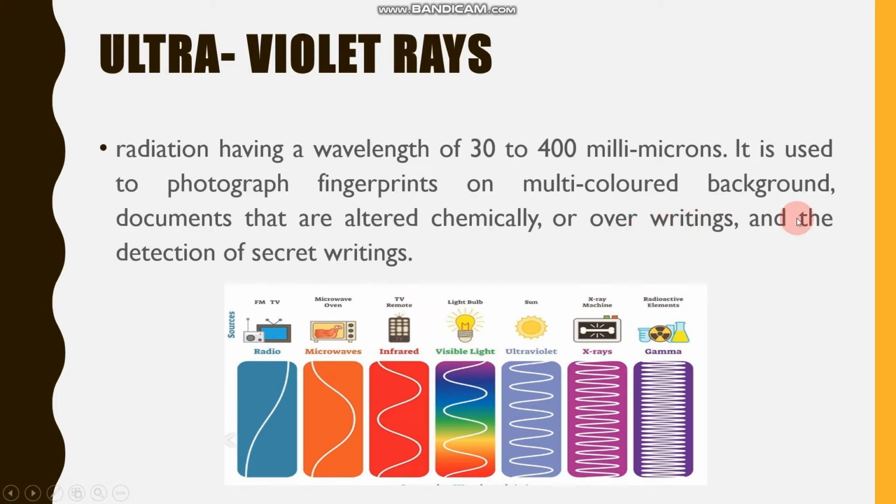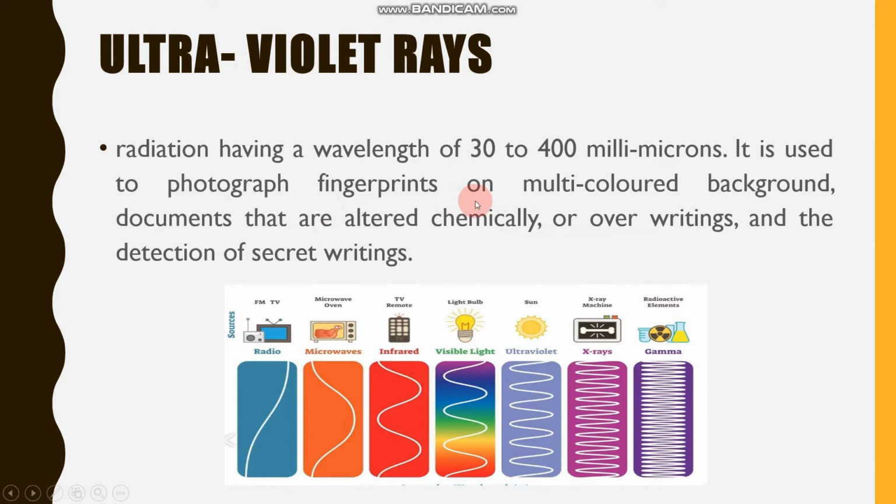Next is the ultraviolet rays. So, it is a radiation having a wavelength of 30 to 400 millicrons. So yun lang naman yung dapat tandaan kasi napag-usapan na rin naman natin si UV nung una pa. So, 30 to 400 millicrons. And then again, it is used to photograph fingerprints.